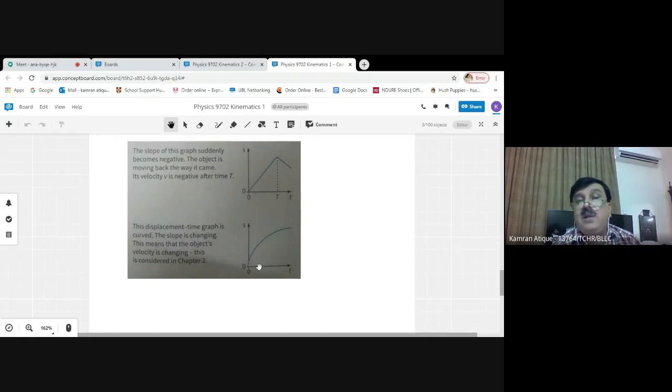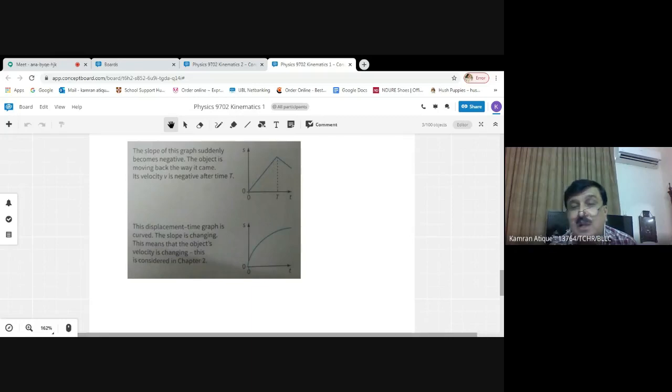But typically or correctly, we need to say that the object is covering, please listen very, very carefully, less distance in every next equal interval of time.